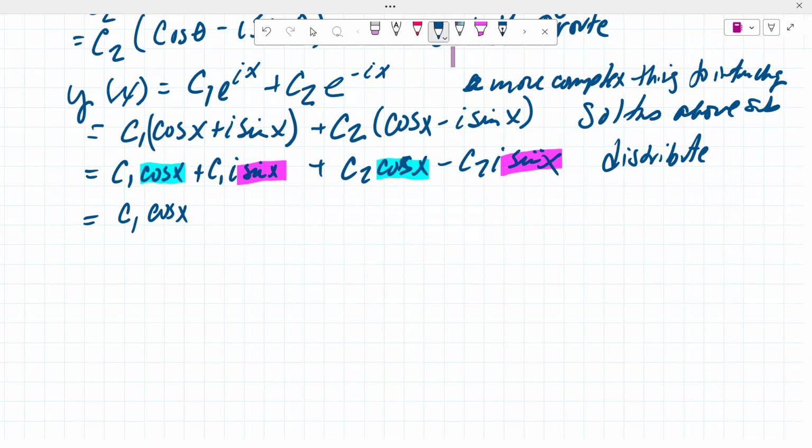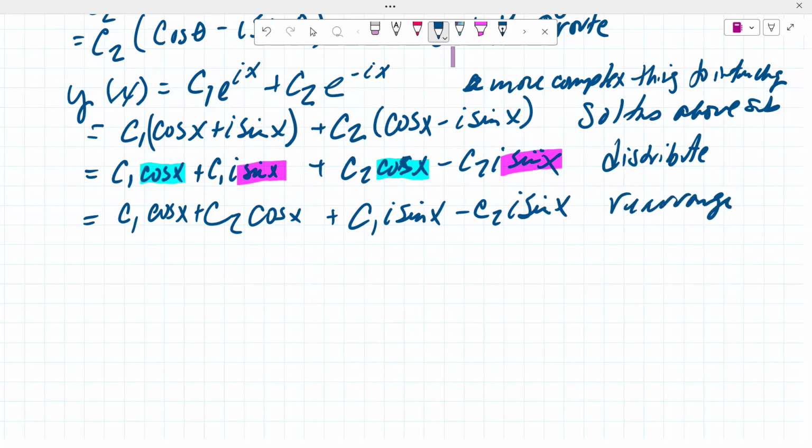Next we want to put the C2 cosine x, because you want the cosine x's together, plus C2 I sine x... minus C2 I sine x. So this is just a rearrangement.